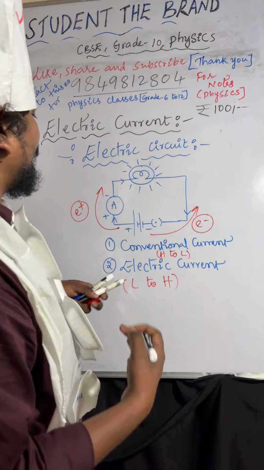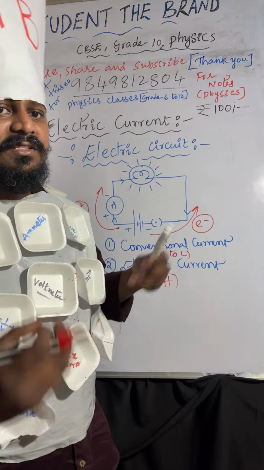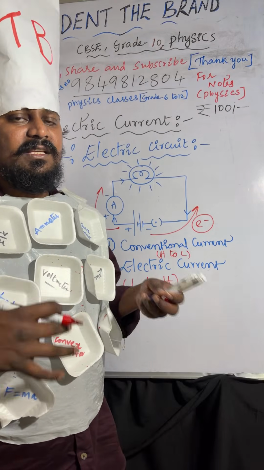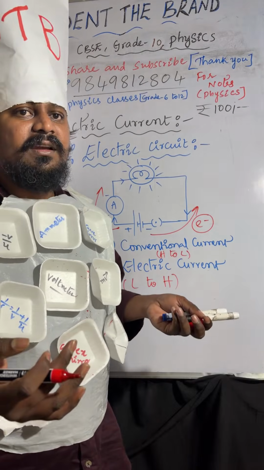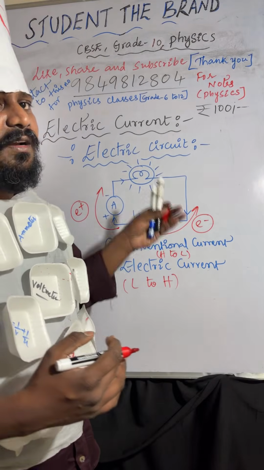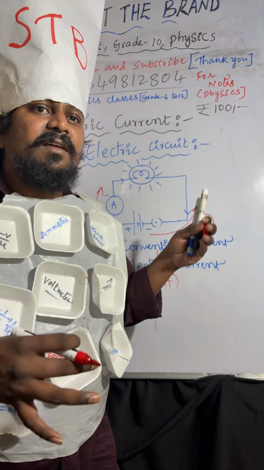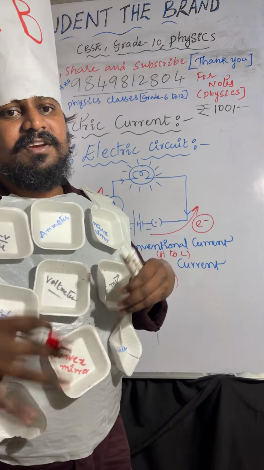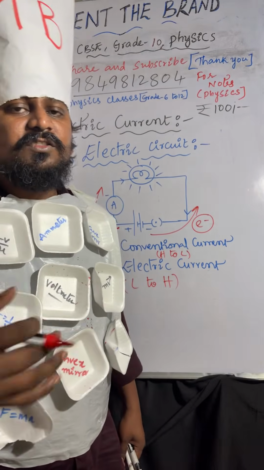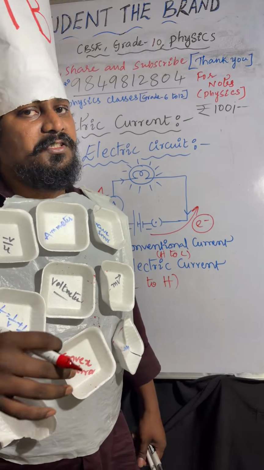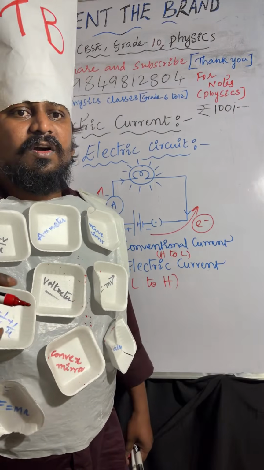Before the discovery of protons, electrons and neutrons, scientists were already using the statement of the flow of positive charges. So the direction of flow of positive charges is taken as the direction of current, and we continue using it instead of changing everything. Positive charge direction is taken as conventional current, and electric current is nothing but the flow of electrons.